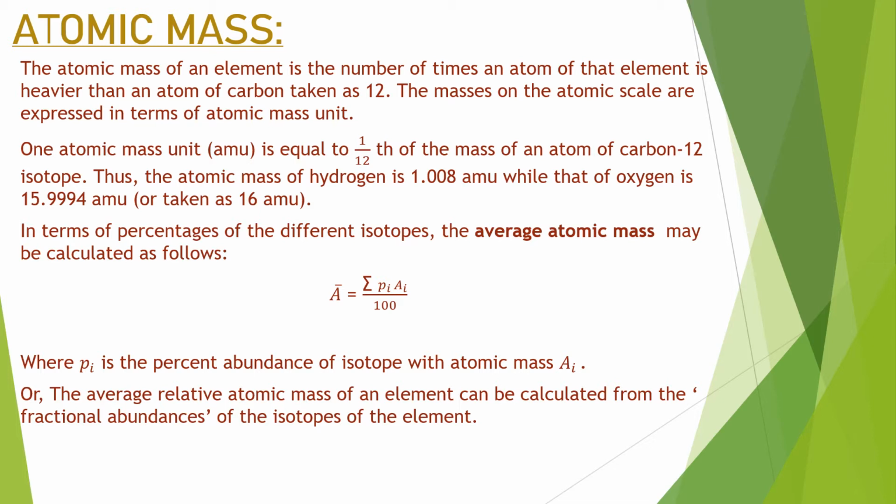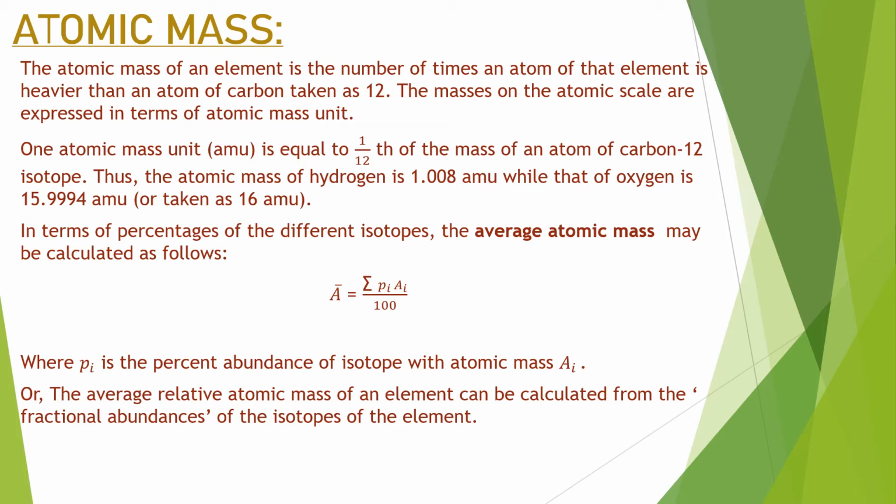Now, in terms of percentages of the different isotopes, the average atomic mass can be calculated by the following formula: A bar equals summation of Pi Ai divided by 100, where Pi is the percent abundance of the isotope with atomic mass Ai.